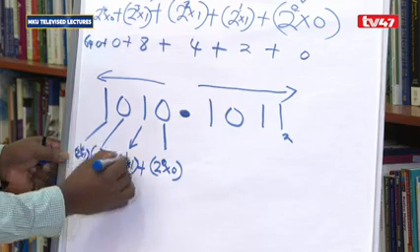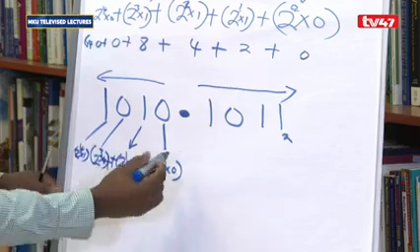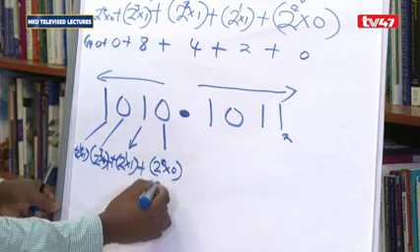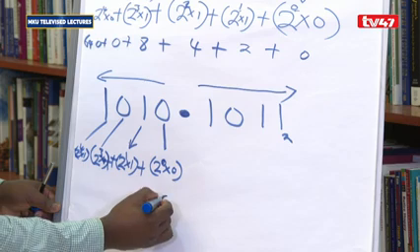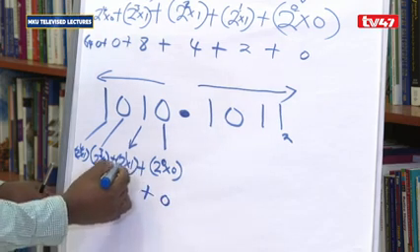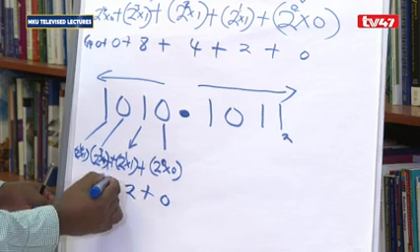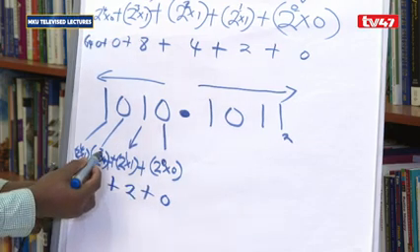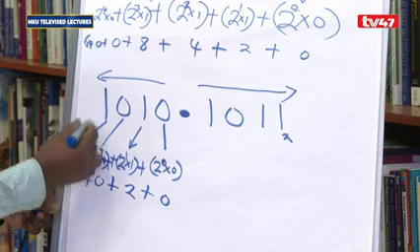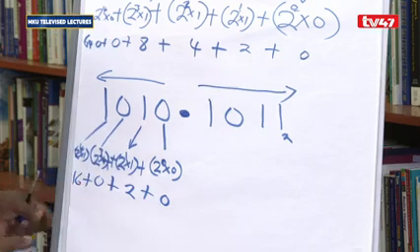Then you add the values together. So here you'll have 2 to power 0 is 1 times 0, which is 0. 2 to power 1 is 2 times 1, 2, plus 2 to power 2 is 4 times 0, which is 0, plus 2 to power 3 is 8 times 1, which is 8.